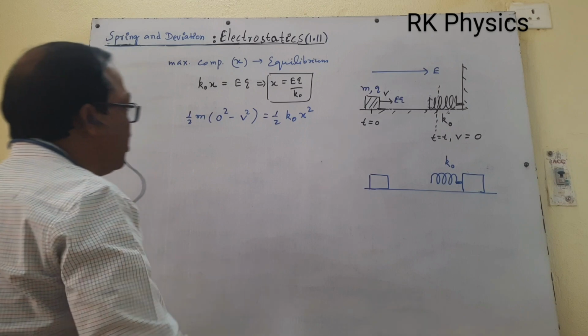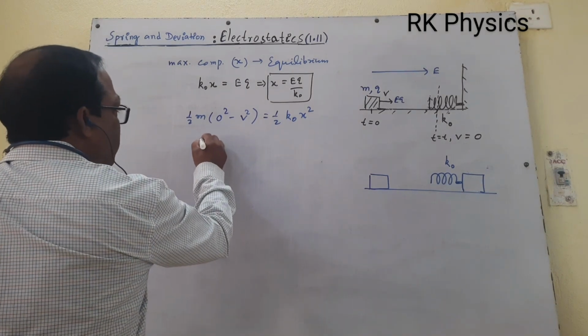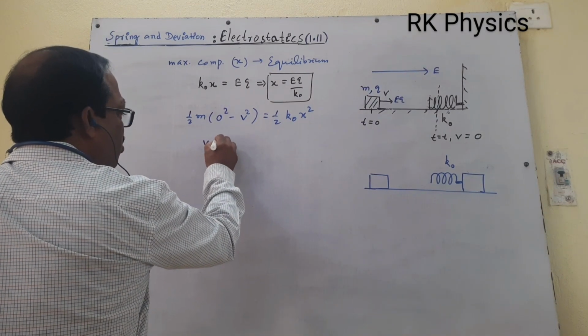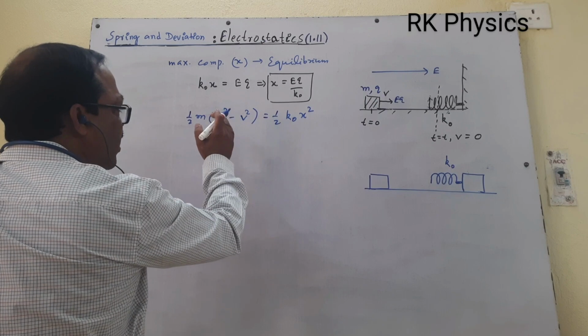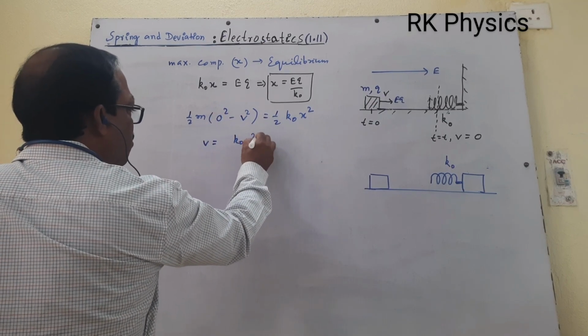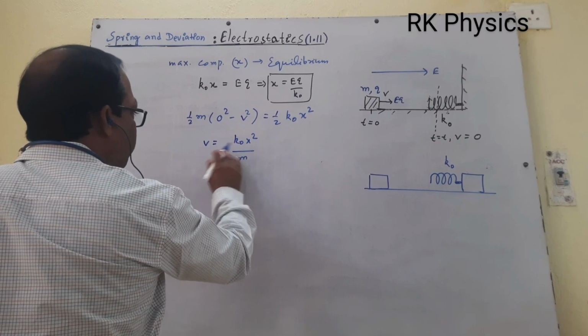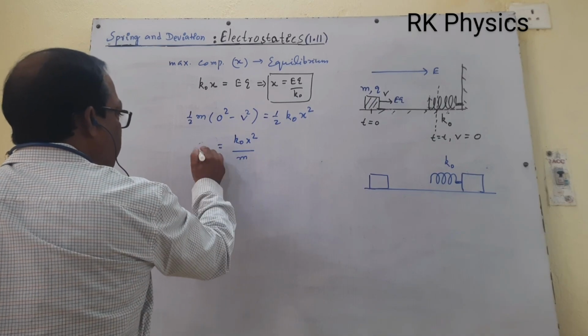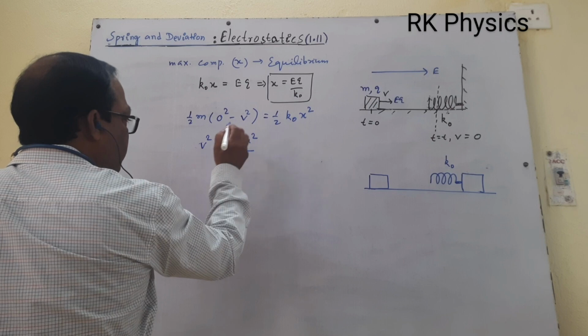So from that you can find the required velocity. You can omit the minus sign. This is K naught x square divided by m, which is the magnitude of the speed.